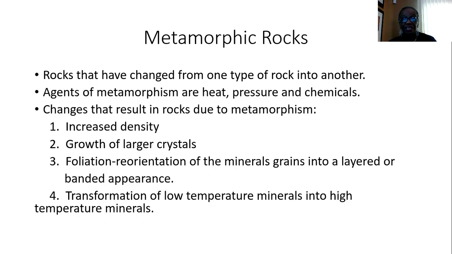And we can also get a type of texture that's referred to as foliation, because we get the reorientation of minerals into layers or banded appearance. And I will show you an example of a metamorphic rock, gneiss, that has that foliated or banded appearance. And then other things that can happen is that rocks can have a transformation of low temperature minerals into high temperature minerals.